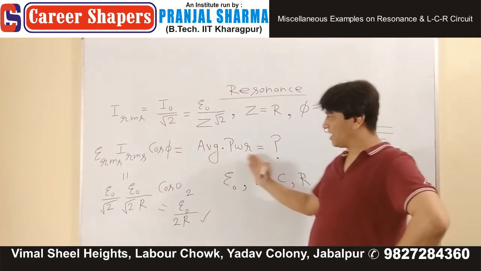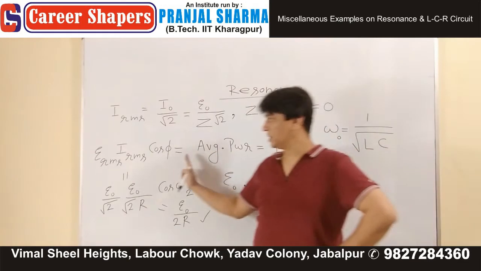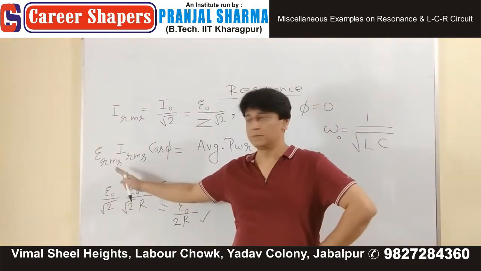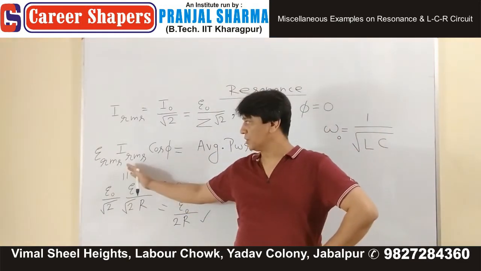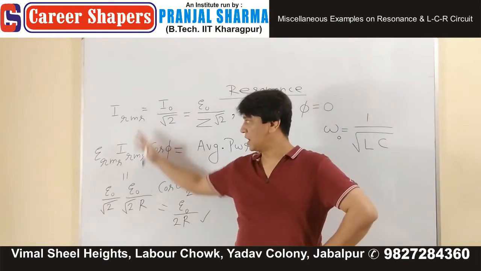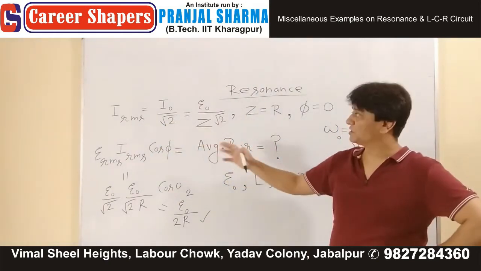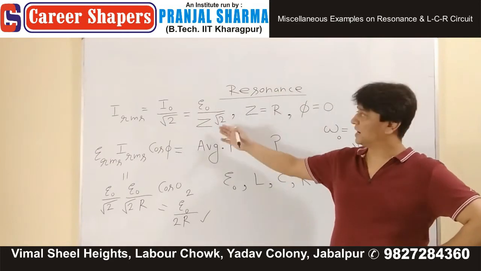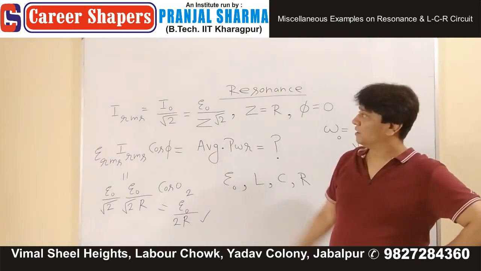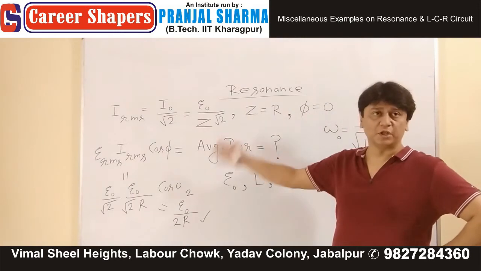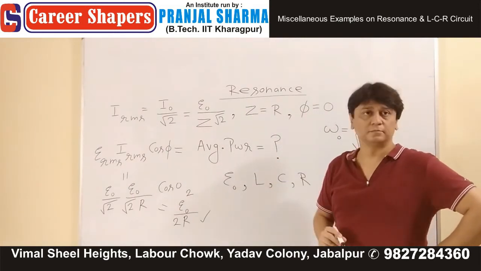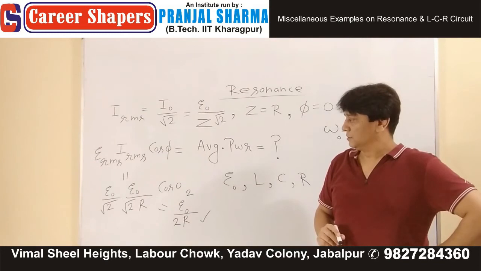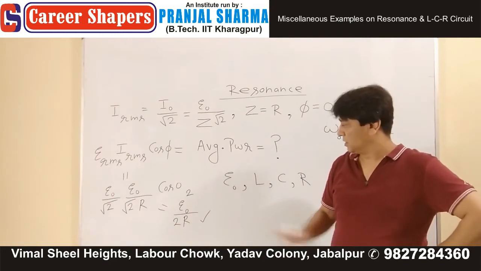When I ask you average power, first you're supposed to remember the formula. Once you remember the formula, ERMS, IRMS demands that you must have the value of Z. For resonance, Z is R. Phi is 0. Once you put all these values, you get the answer. Note down this much.